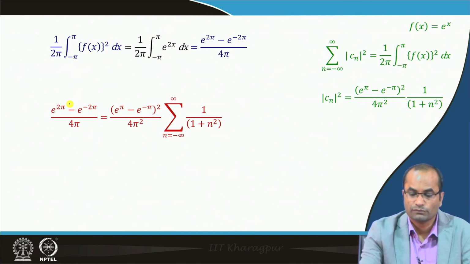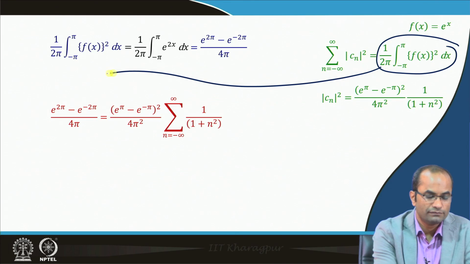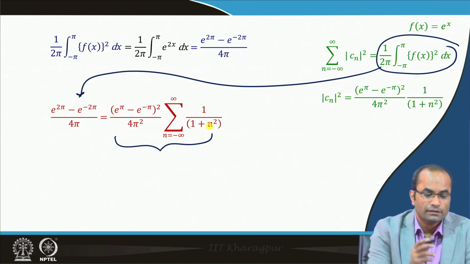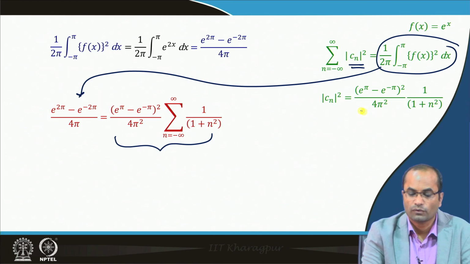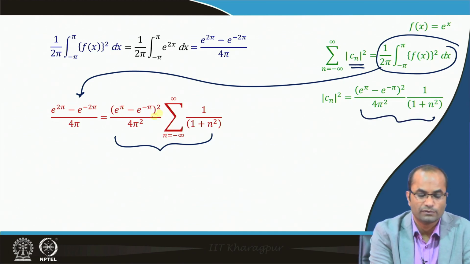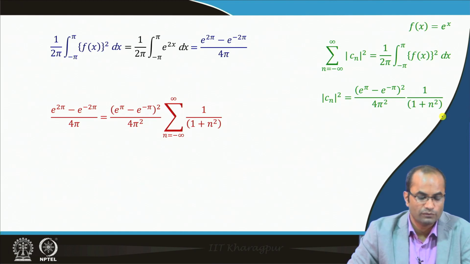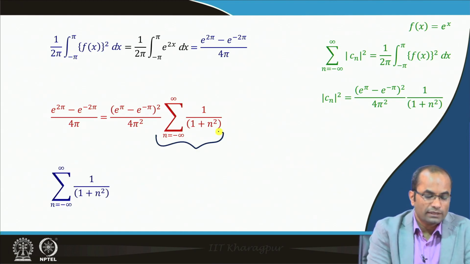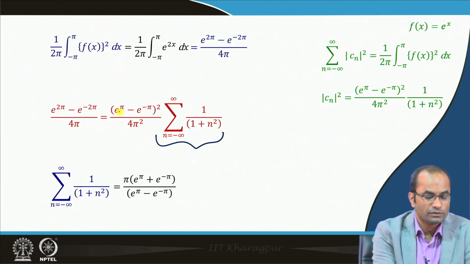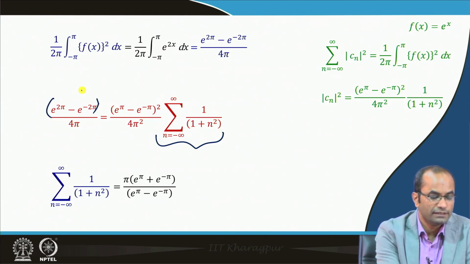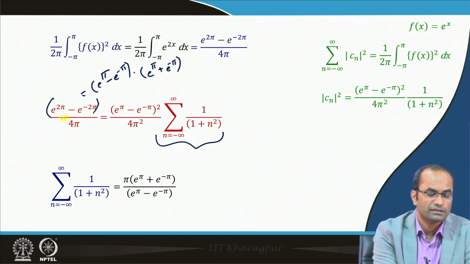For Parseval's identity, this integral side we have this value, and then we have the |C_n|² already with us. So, we have (e^π − e^(−π))² over 4π², and then the summation is exactly over this 1 over 1 + n², that is the desired value we want to compute. So, the left hand side we can write down as (e^π − e^(−π)) times (e^π + e^(−π)), say a² minus b² there.